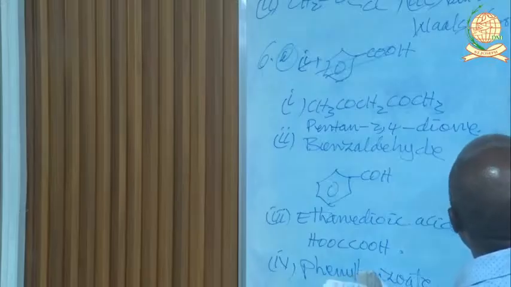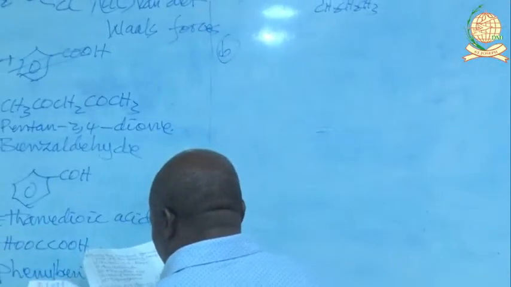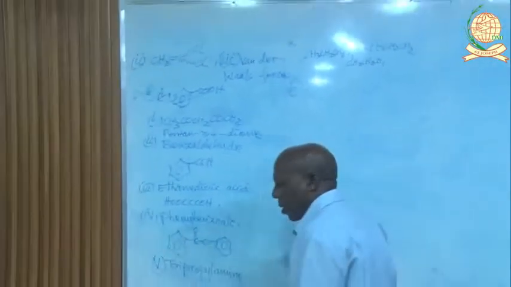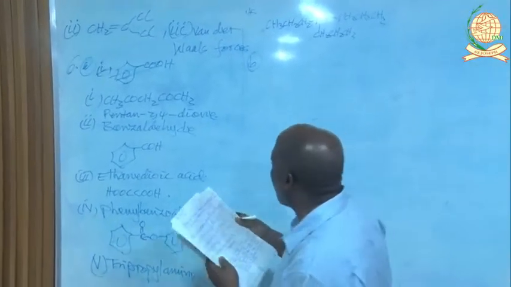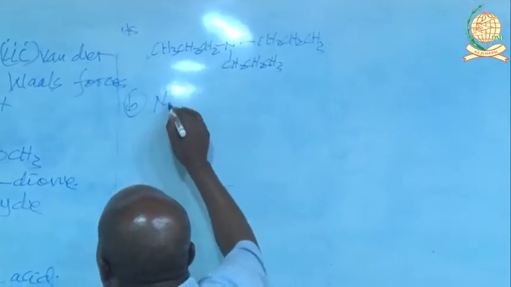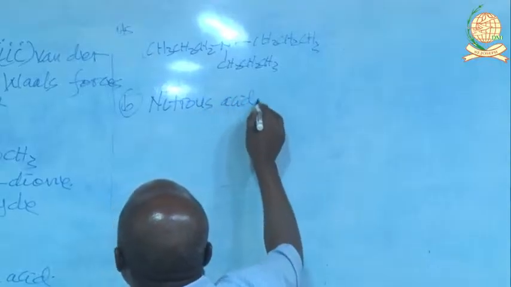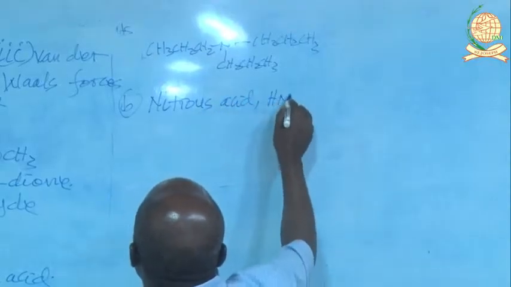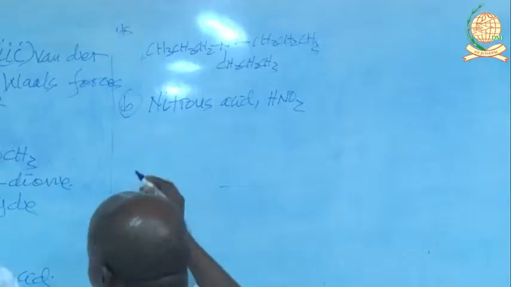Then question number 6B. Roman 1. Give one chemical test to distinguish methylamine and dimethylamine. This is the method used to distinguish primary and secondary amines. So we can use nitrous acid, that is HNO2, and also we can use Hinsberg's reagent.